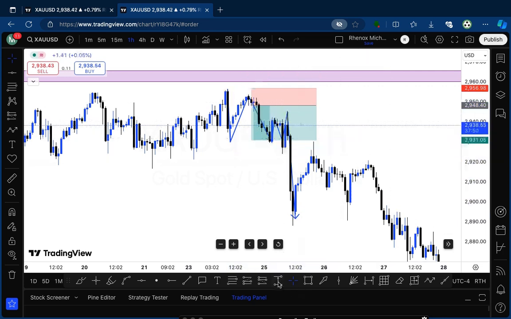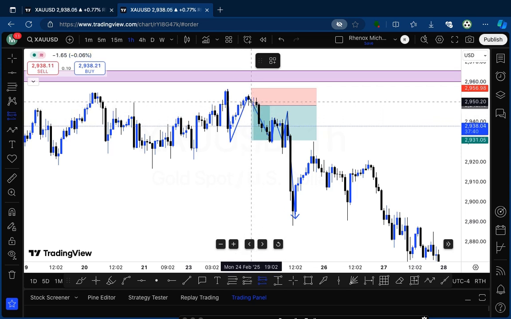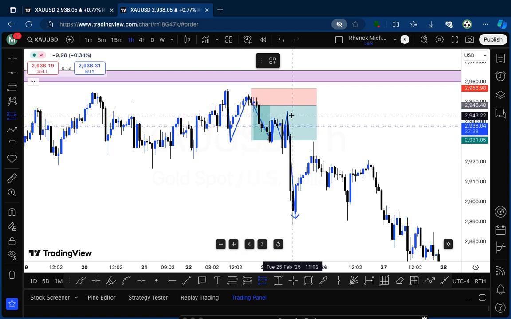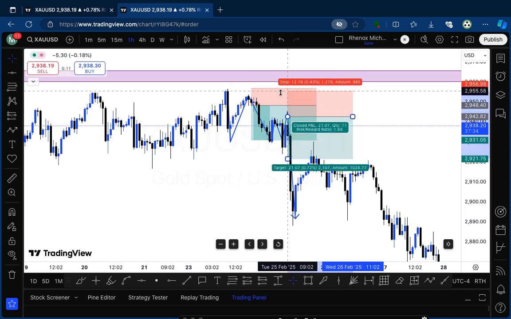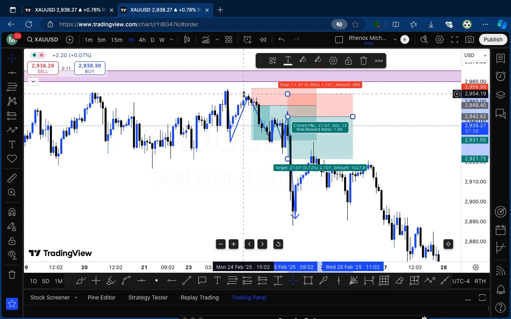You see? Then if we were to take the second entry, when price broke this low, we'd have waited for a comeback for price to retest this high again, which it did, but with a liquidity grab. Then we'd have taken our entry and put our stop loss above this higher high again.